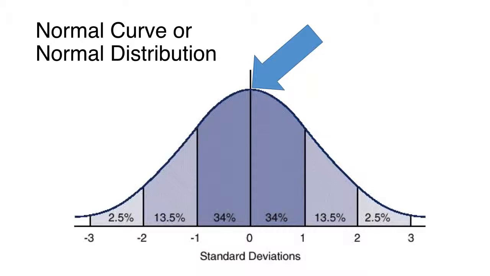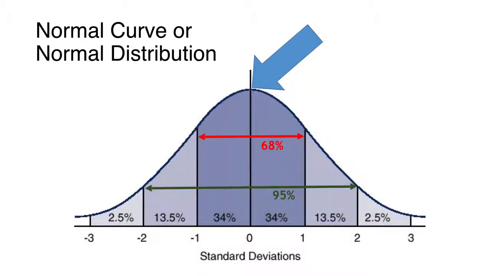And in a normal curve or normal distribution, look at how high that point is. It's also going to be the median because half of the scores are above it and half are below it. And it's also going to be the mode because it's the tallest, so that was the most frequently scored point right there. The mean, the mode, and the median are all at about the same point in a normal distribution.